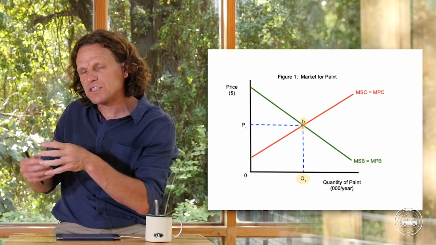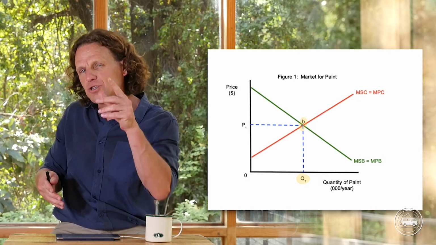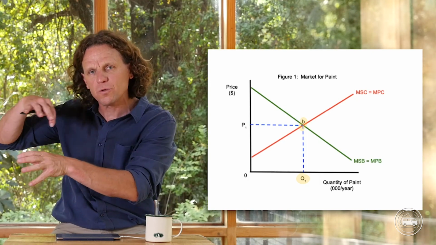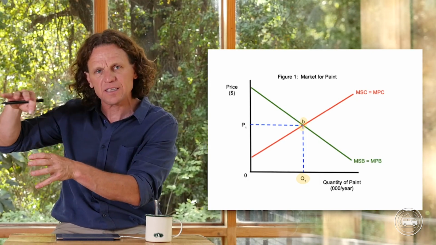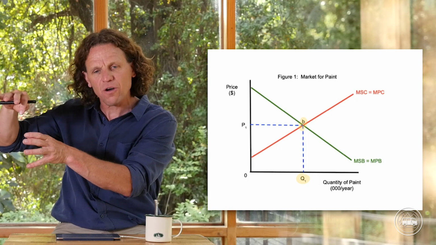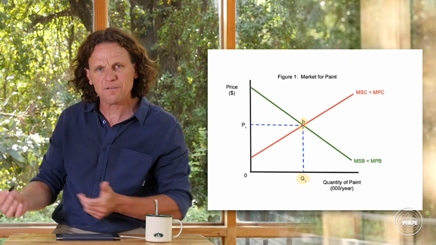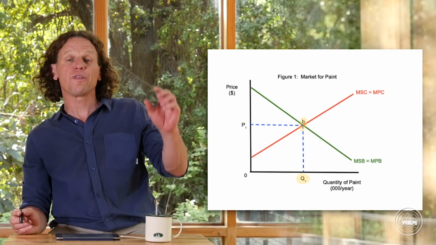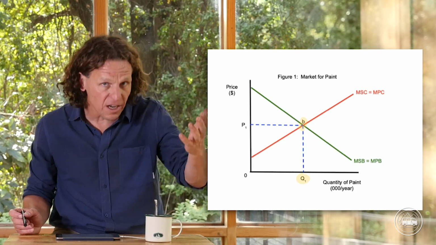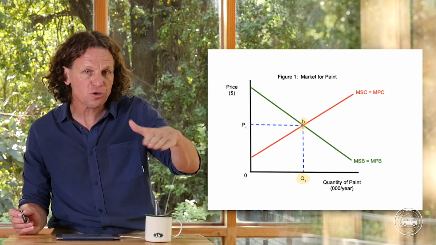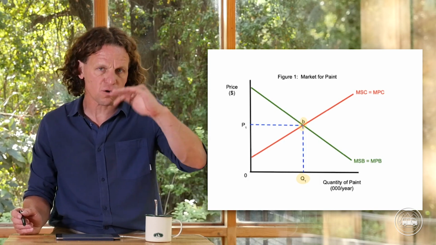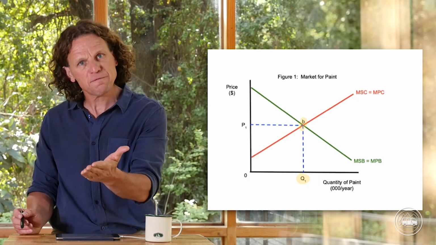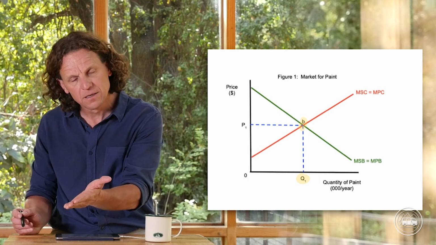So if you went to buy that paint, do you really think that the healthcare costs of the people that live around the Sherwin-Williams paint factory here in Santiago are included in the price that you pay for that paint? No way. So the social cost is higher than what you paid for the paint.